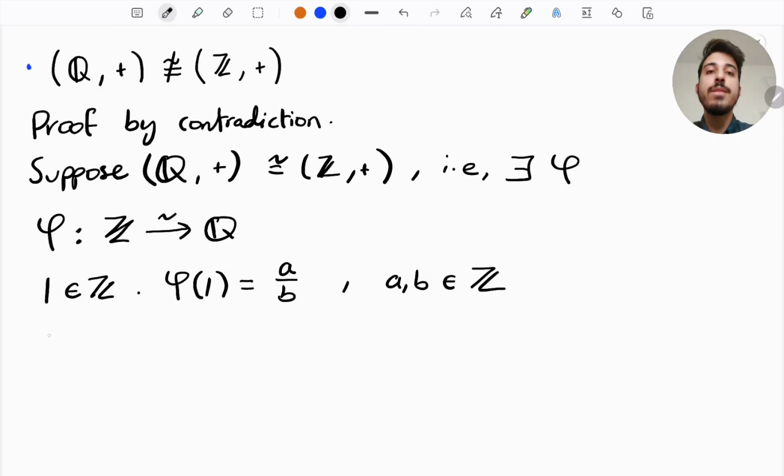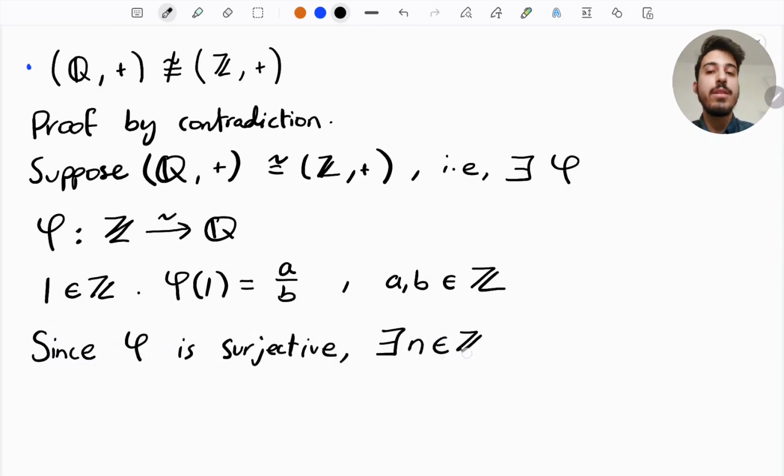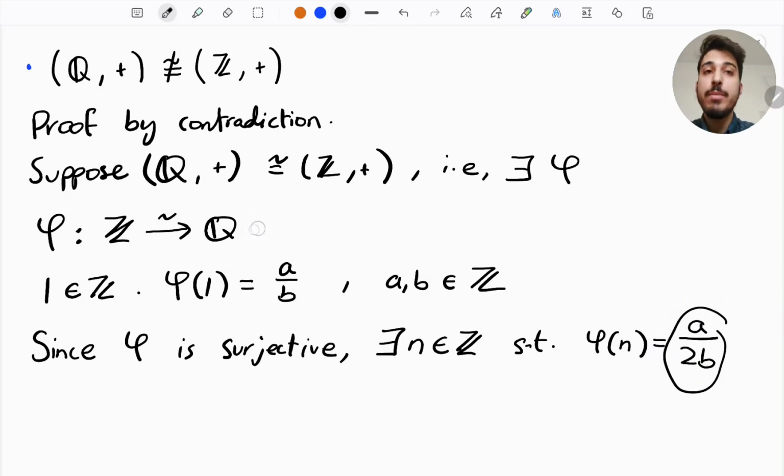So since phi as an isomorphism is surjective, there exists an integer n such that phi of n is equal to a over 2b. So a over 2b is some element in Q, and because phi is surjective, there must be some n in Z such that phi of n is equal to a over 2b.